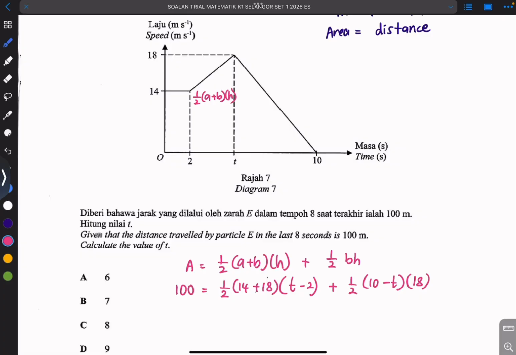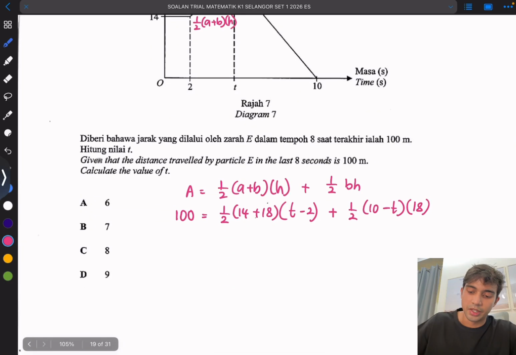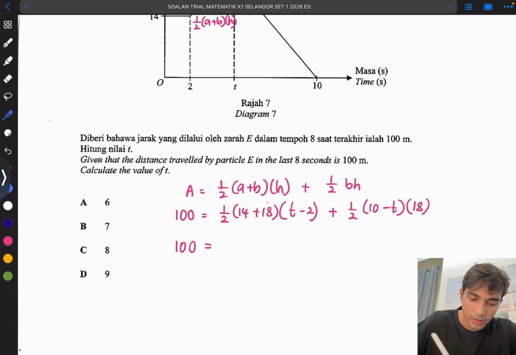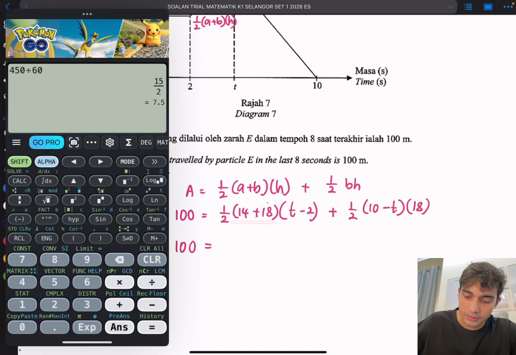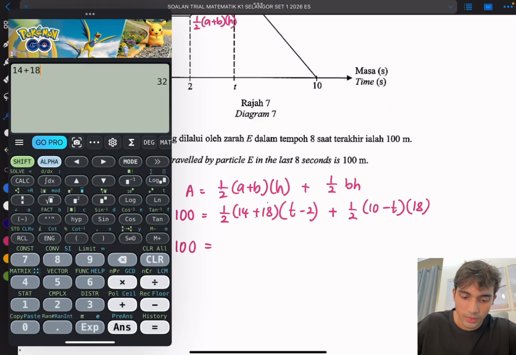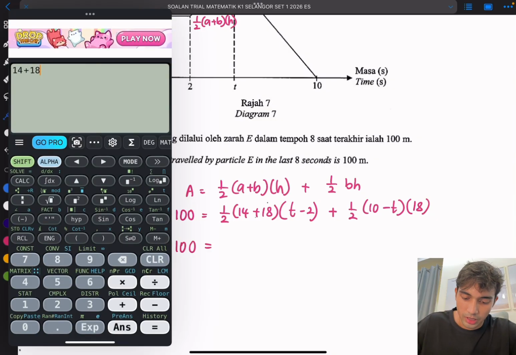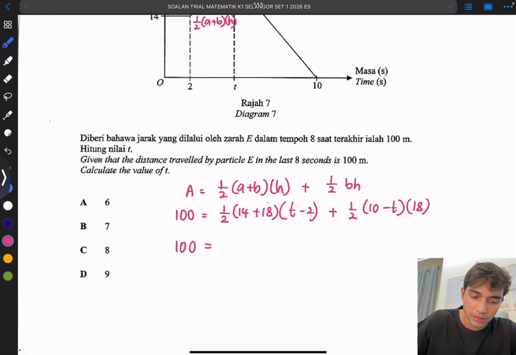Now we just need to solve this. If we solve this, we can get the value of t. Okay. So 14 plus 18, 32. Then we multiply this with 1 over 2, we get 16. So this whole thing is 16, you can say 16 (t minus 2).